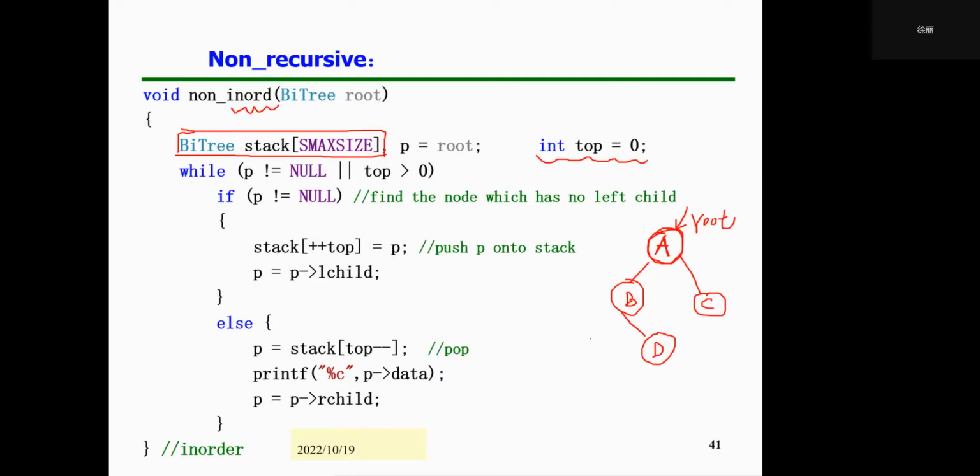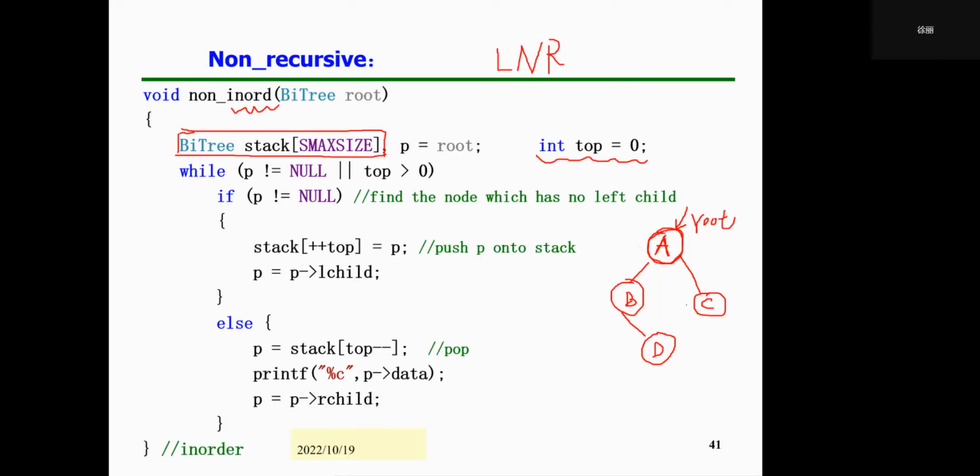Okay, let's talk about why. This is a binary tree, right? This is the root. And inorder is for every subtree, every binary subtree. When we want to inorder traverse every subtree, we need to traverse the left subtree and then the root and then the right subtree.